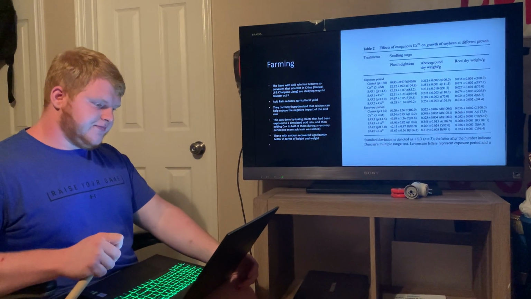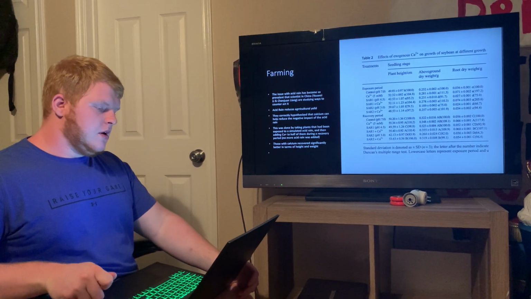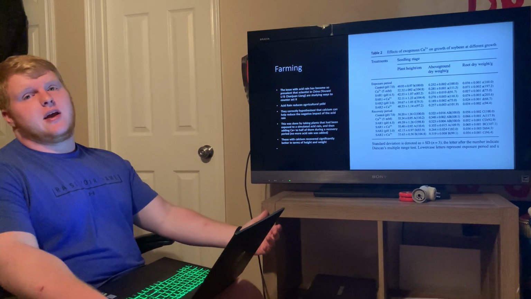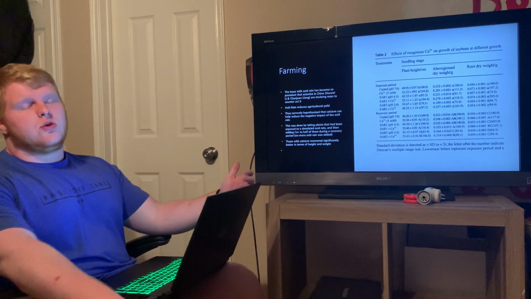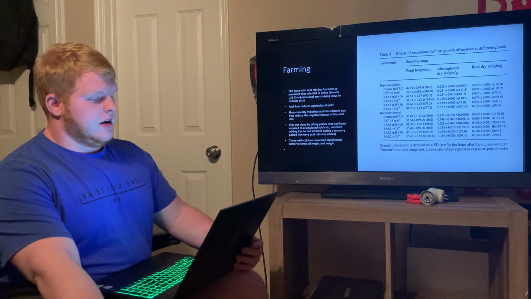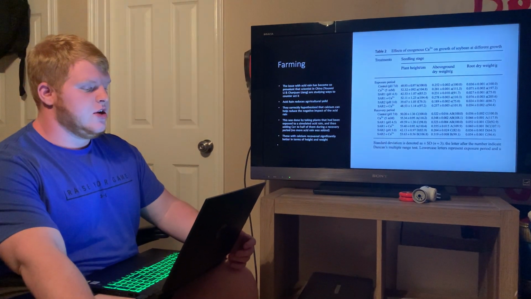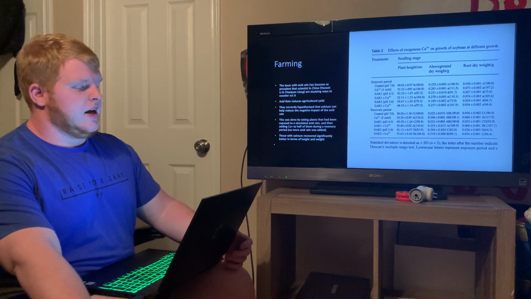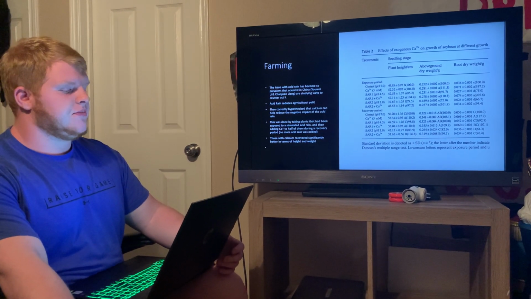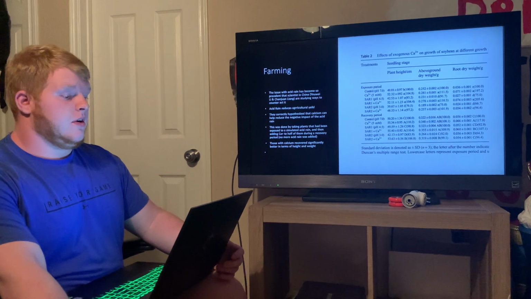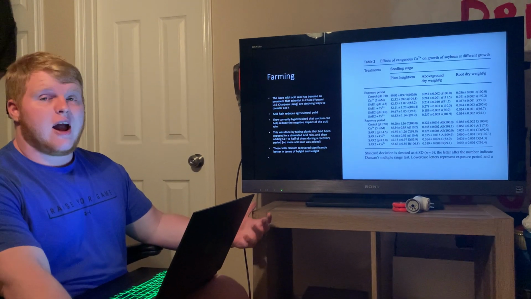Farming. Okay. Acid rain has become just such a huge issue in China that Chinese scientists Youwei Li and Shengzhong Liang studied ways to counteract it.